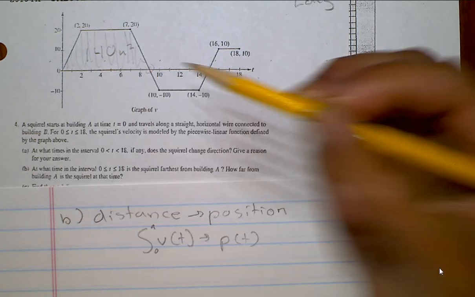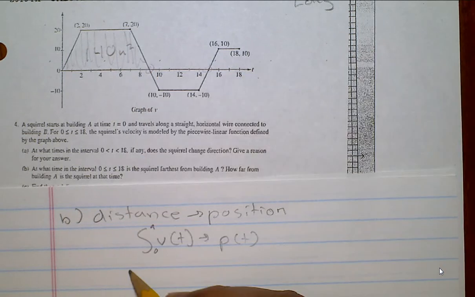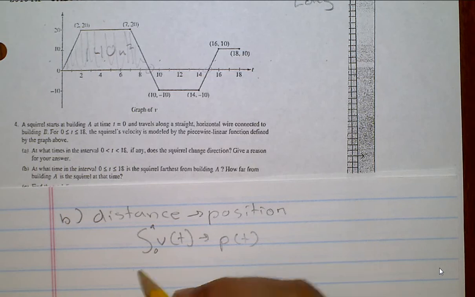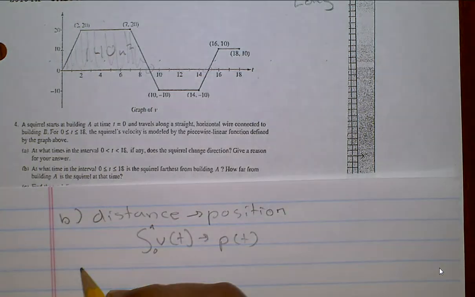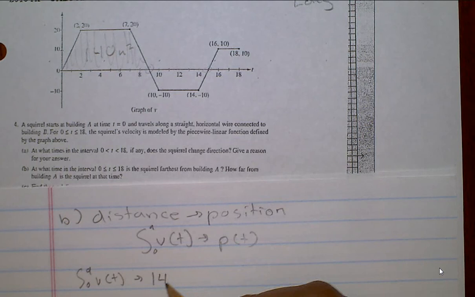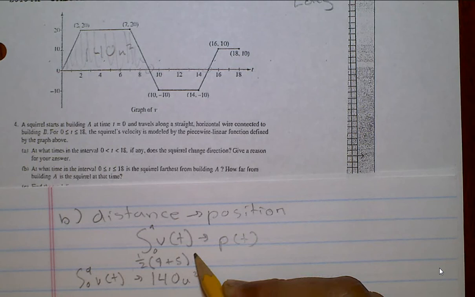Let me just go ahead and work that out. So the distance or position from 0 to 9, I will notate this very tastefully using the integral, is 140 units squared. And I get that because of 1/2 base 1, which is 9, plus 5, times the height of this trapezoid.